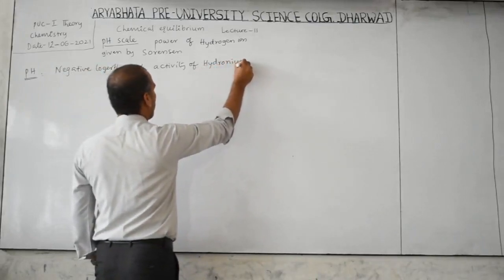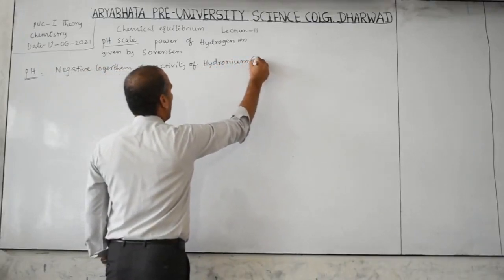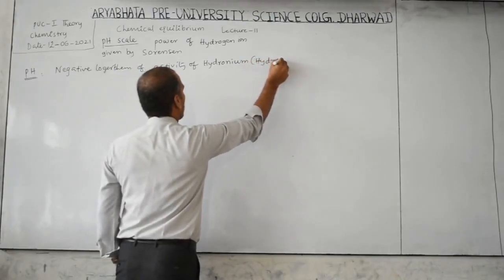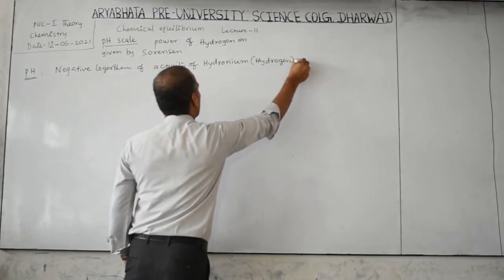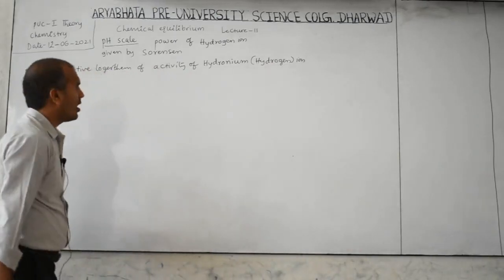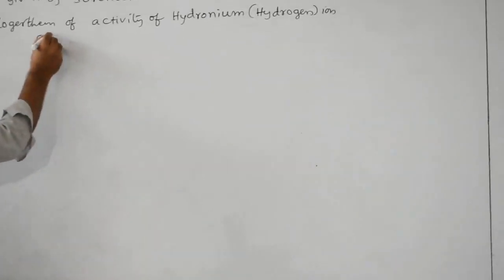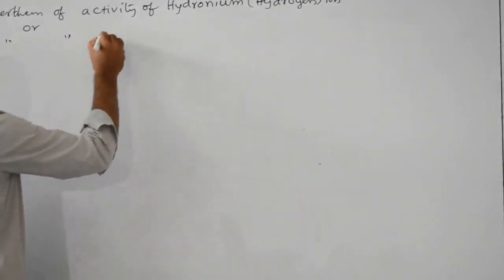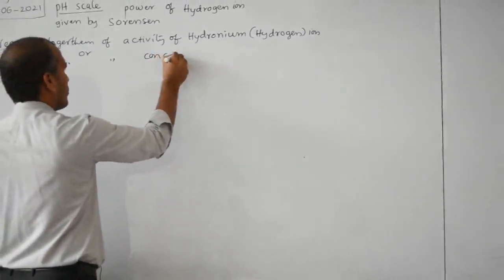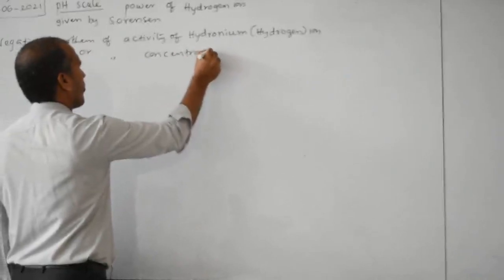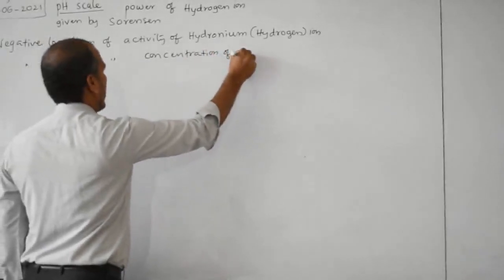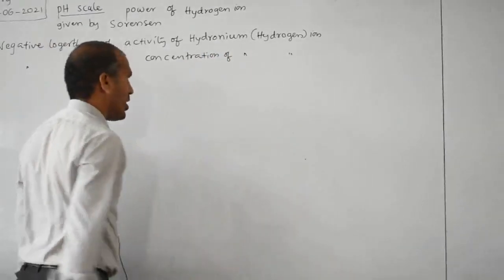Otherwise, this definition may be the negative logarithm of the concentration of hydronium or hydrogen ion. That is the definition of pH.